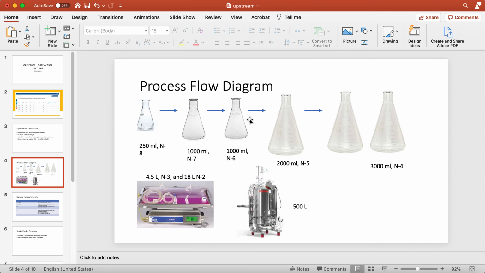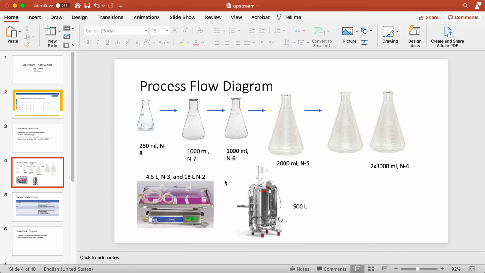Then it goes to a 100 ml and N minus 7 stage, then another 1000 ml stage, then to 200 ml, 2000 ml stage, and then to 2 times 3000 ml shake flask.